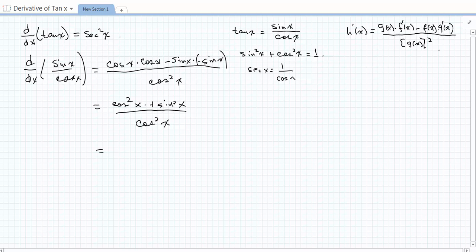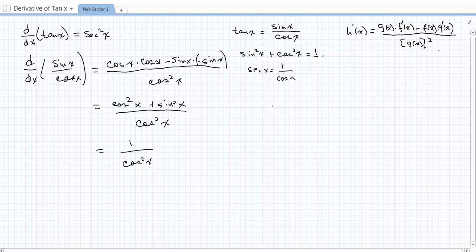And if you recall the identity, the sine square of x plus the cosine square of x is 1. So we have sine square of x plus cosine square of x over here, and that becomes 1 over cosine square of x. We also know that the secant of x is defined as 1 over cosine.